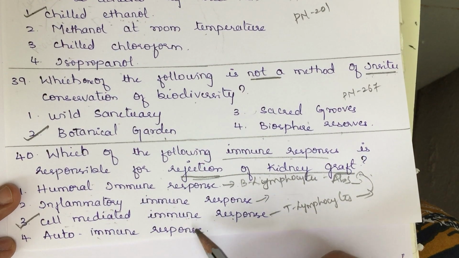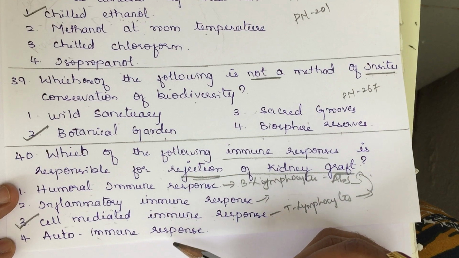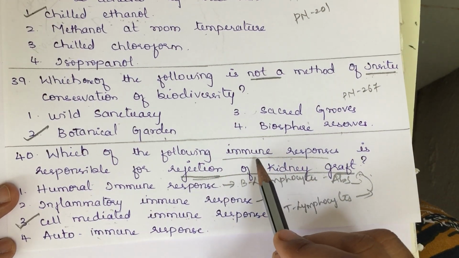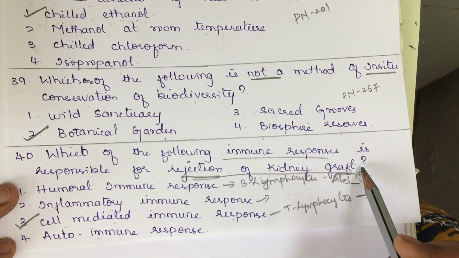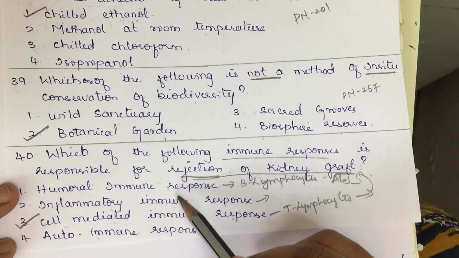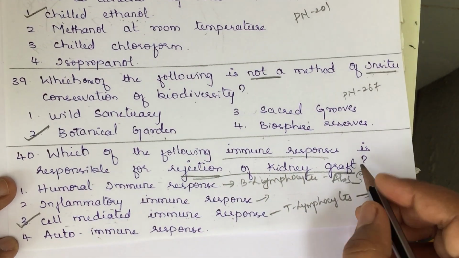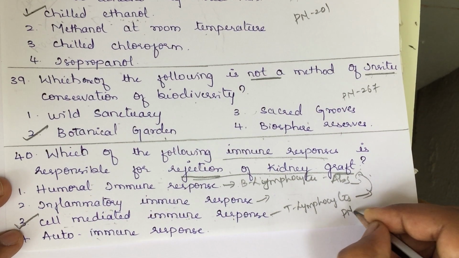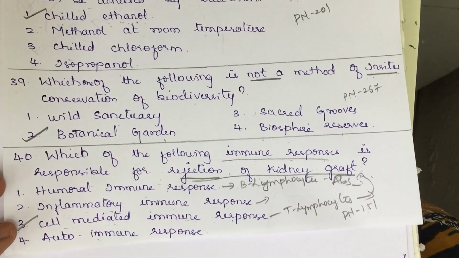Autoimmune response is when a particular cell of a body responds against another cell of the same body. But according to the question, the immune response responsible for rejection of kidney graft is cell mediated immune response, and the first and third responses you have in your second year. You will get this answer from the second year textbook, page number 151.